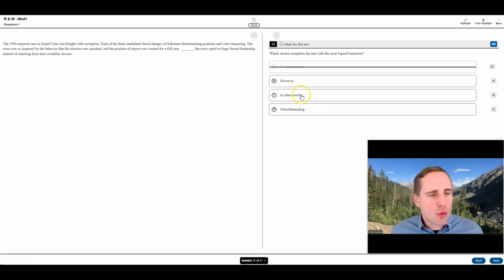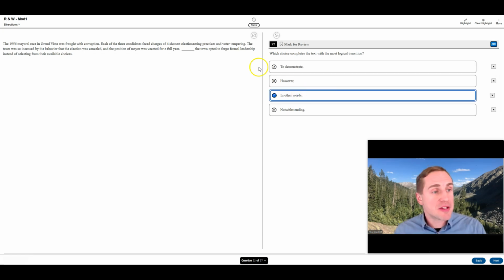Or do we say in other words or notwithstanding? It says the position of mayor was vacated for a full year. The idea is that we need to further that idea. So I'm going to go with in other words, because if we forgo formal leadership, then the position of mayor was vacated for a full year. That's really saying the same thing, just in other words. Okay, so let's move on.